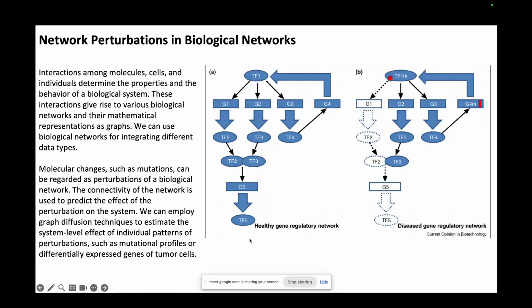So in silico predictions can be done from these kinds of networks to say that if I perturb this particular node, which in reality is a gene, or transcription factor, this is what is going to be affected downstream. In this case, if you affect this particular mutation, the downstream affected transcription factor will be TF5, and you can predict a phenotype or a disease that can form due to loss of that particular connection in the network.